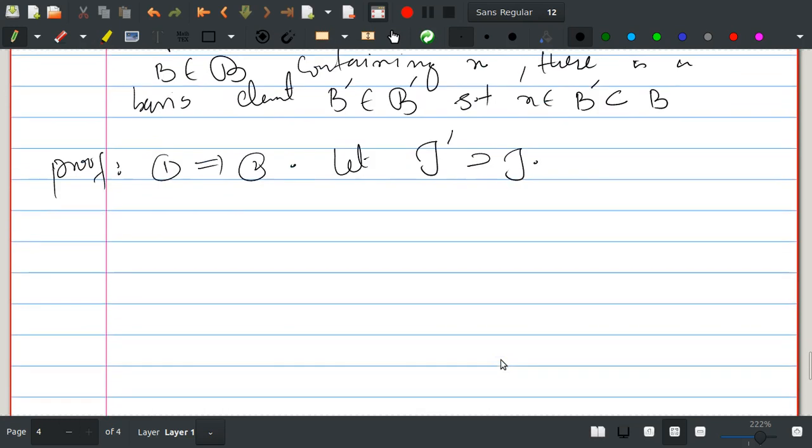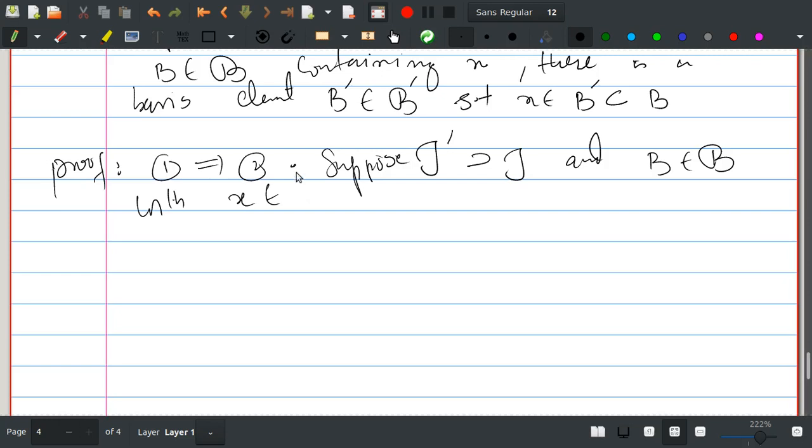So suppose T prime is finer than T and B is a basic element in B which contains x.